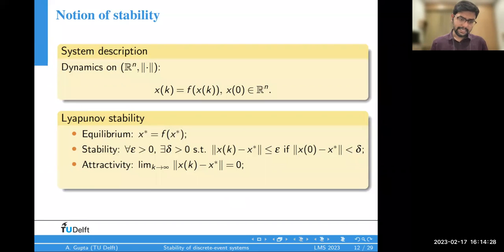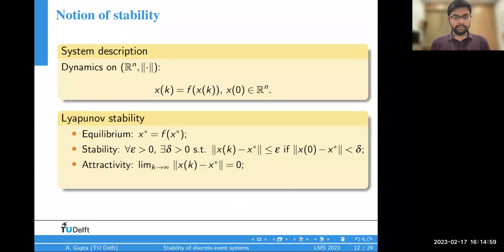Of course, this is a very primitive notion. There have been many variations of it, and one of the variations is where, instead of using an equilibrium x star, I use a set of equilibria. So I can define properties of that set and study the stability with respect to a set of equilibria rather than an equilibrium point.